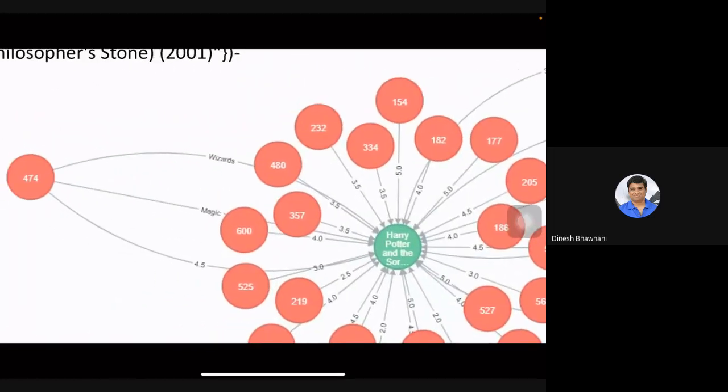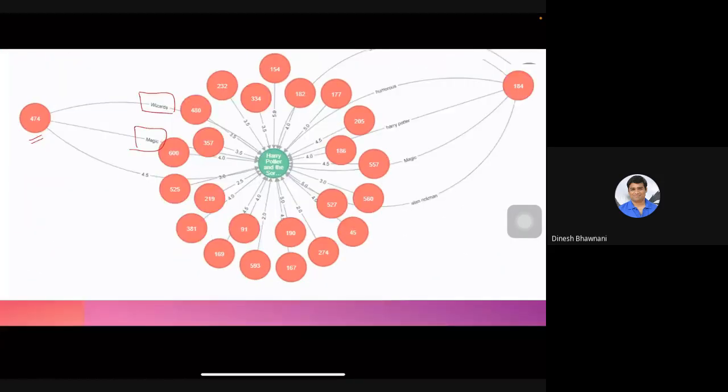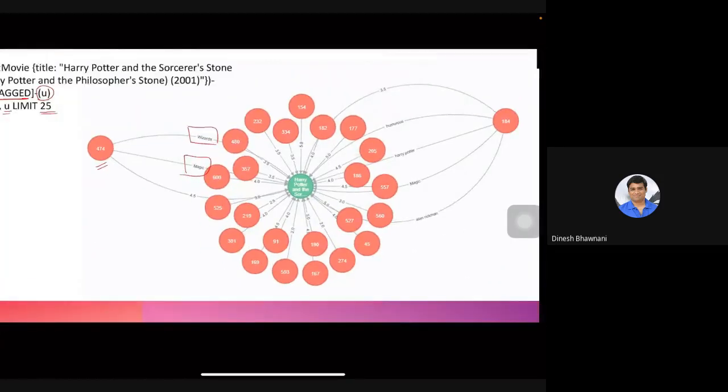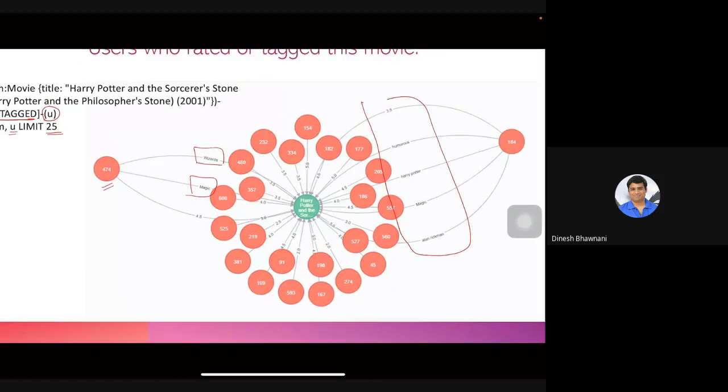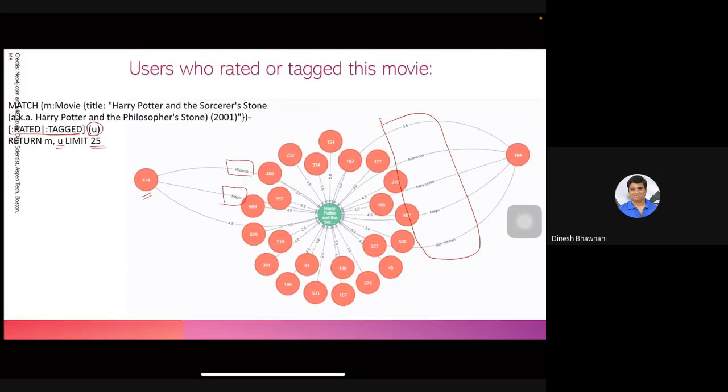Then this user is generous enough to put genre tags. You can see that out of this small sample of 25, only 2 users bothered to give genre tags. The rest are happy giving number ratings. So you can find out such questions. I didn't have a question about who is giving genre tags, but the graph revealed it to me.